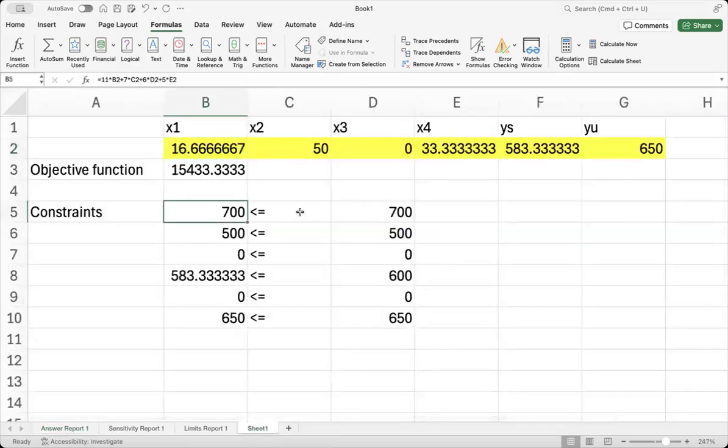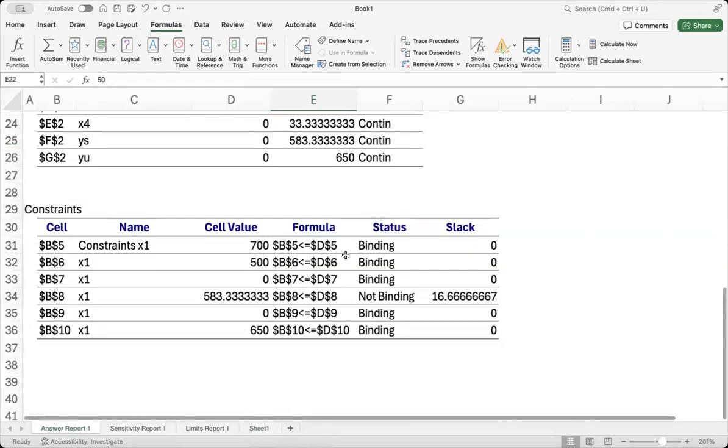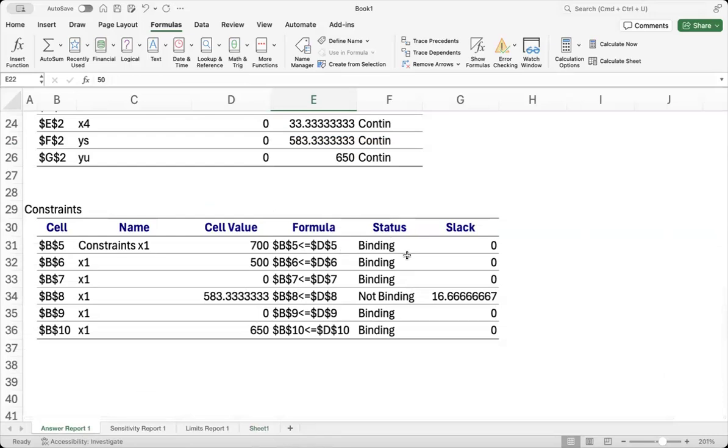And the status is binding. What does it mean? It means this inequality constraint becomes an equality constraint at this point. So it's called binding. This constraint is binding.